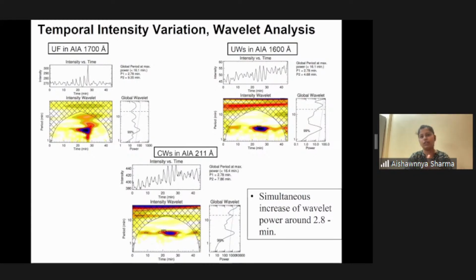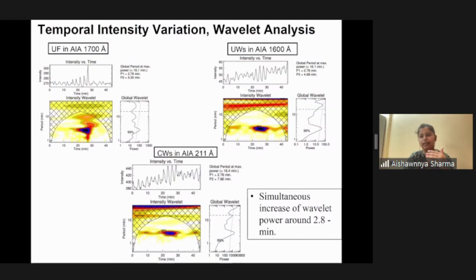Then I have gone to the umbral waves. This is umbral waves in AIA 1600 angstrom. The upper panel is the light curve, intensity versus time. Here again we can see that between 20 to 30 minutes, when the flashes were happening, there is an increase in the intensity or amplitude of these umbral waves also.